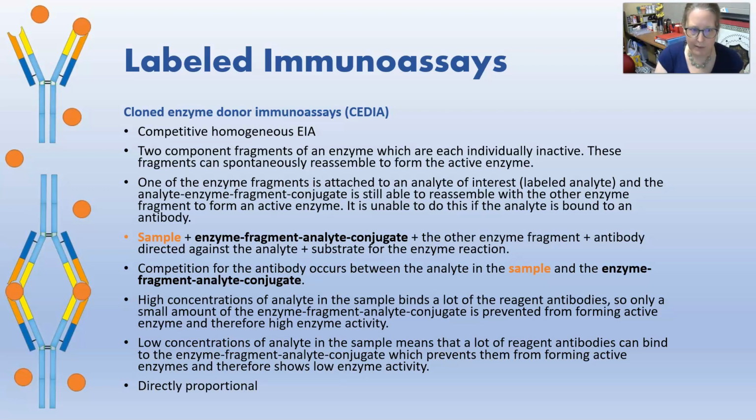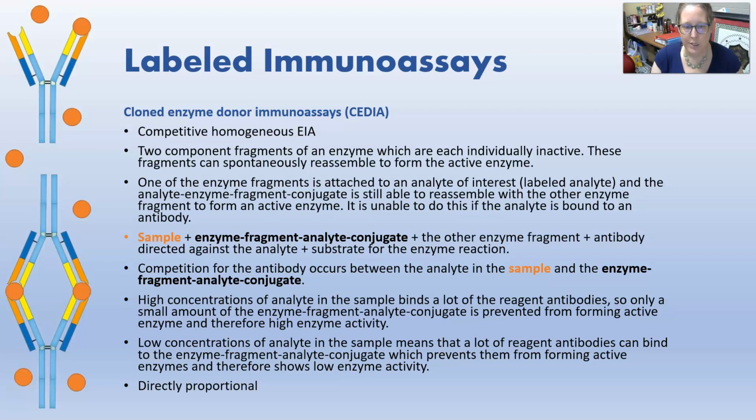So the sample, plus the enzyme fragment analyte conjugate in the reagent, plus the other enzyme fragment, plus the antibody directed against the analyte, plus the substrate for the enzyme are all incubated together, homogeneous. Throw it all in one big pot. Then competition for the antibody occurs between the analyte in the sample and the enzyme fragment analyte conjugate.